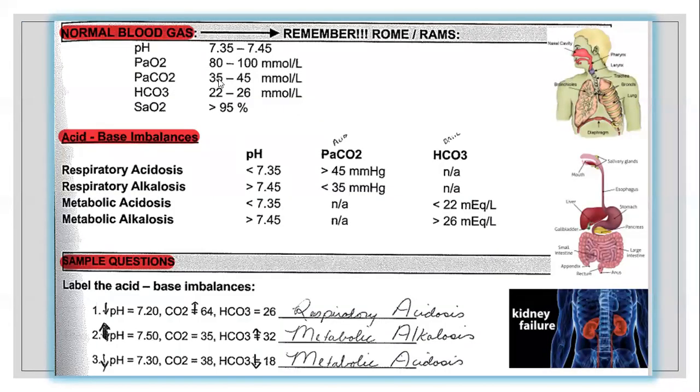It is 35 to 45, right? 30 means less than 35. So partial pressure of carbon dioxide is the indicator of respiratory alkalosis or respiratory acidosis. This is the marker.